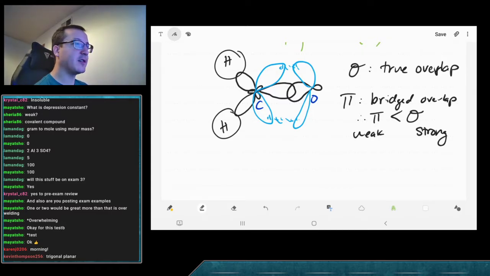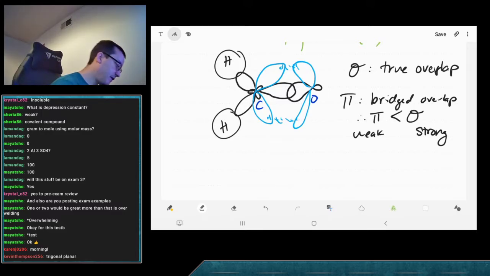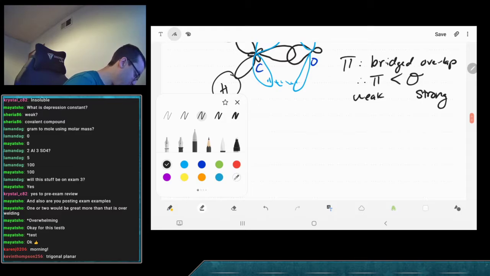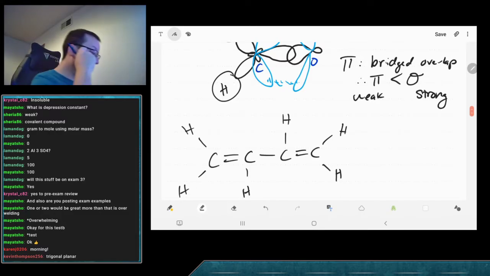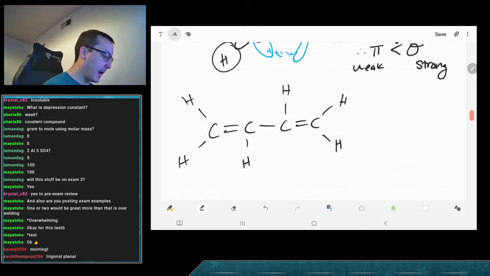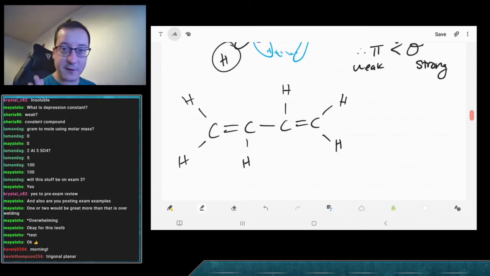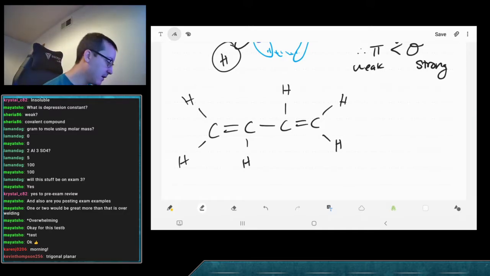But pi bonds are also going to be kind of special. Because if... Let me draw another one for us here. Whatever, here's some hydrogens around, just so we make our carbons happy. If we look at this one, and I just draw the pi orbitals, I'm going to forget about the sigma ones. Single bonds, who cares?